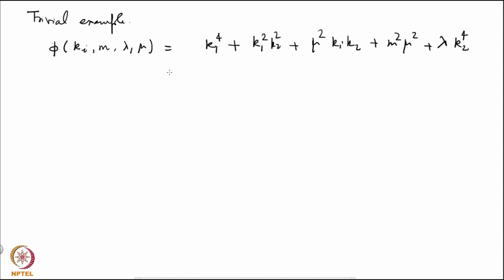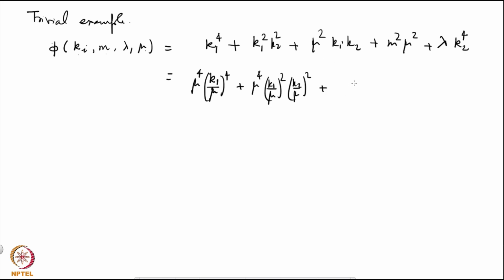Now I will do what I was saying earlier. I will divide each of the dimensionful quantities, which are ki, m, and mu, not the lambda, by mu. So let's write this as follows: k1 over mu to the 4, with a mu to the 4 out front, plus k1 over mu square, k2 over mu square. I have divided by mu to the 4, so I should have mu to the 4.